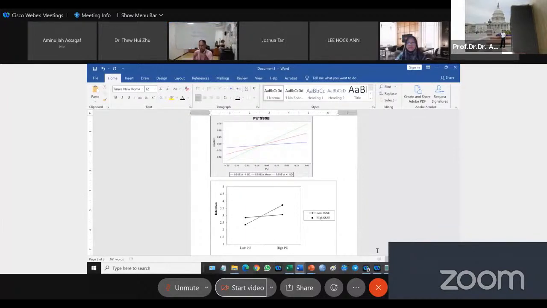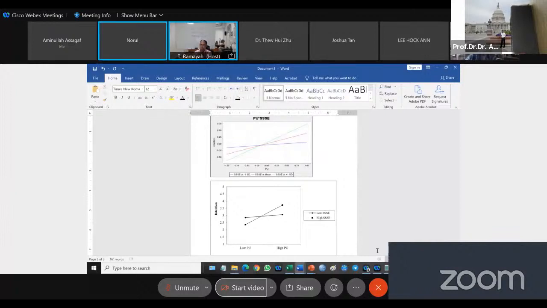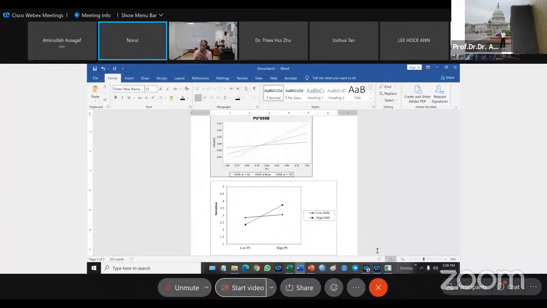Prof, for single moderator with more than one independent variable, is it possible to run in one test?